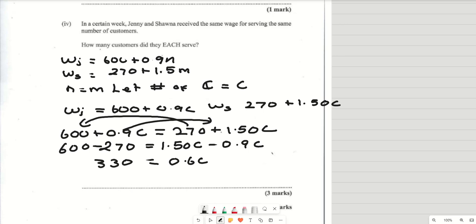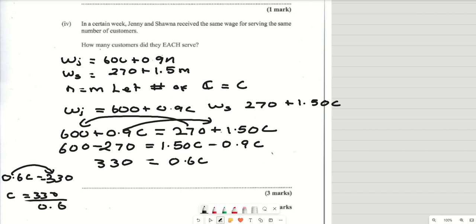Then we want to make C the subject of the formula because we want to know what C is equal to. So 0.6 C is equal to 330. The relationship between 0.6 and C is multiplication, so if we carry across 0.6, it turns to divide. So that's 330 divided by 0.6.